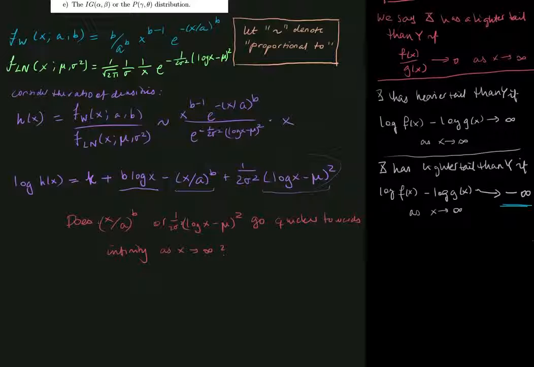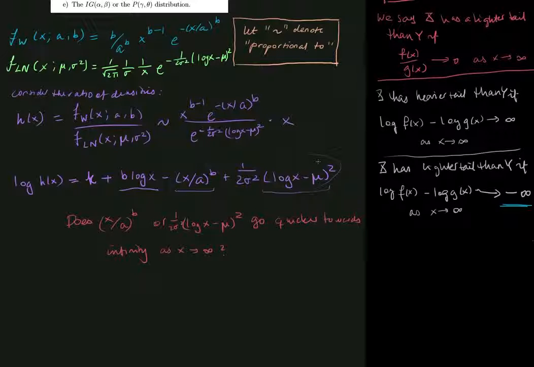Because if this one is the one that grows quicker towards infinity, then my limit here for x going towards infinity is minus infinity. However, if this one grows quicker, then my limit is plus infinity, right? So I need to figure out which one of these goes quicker towards infinity.